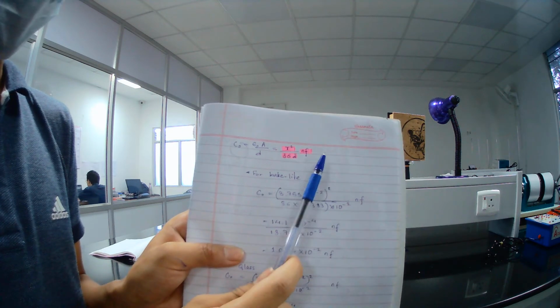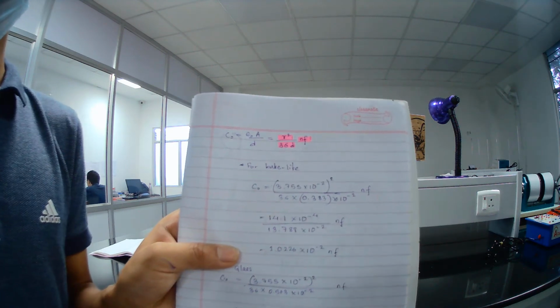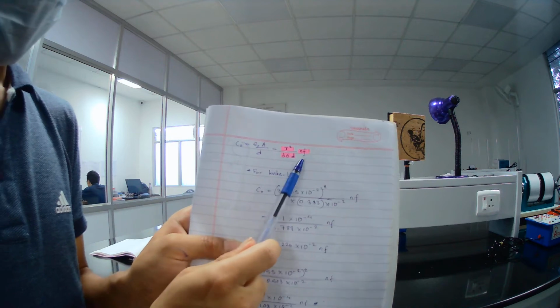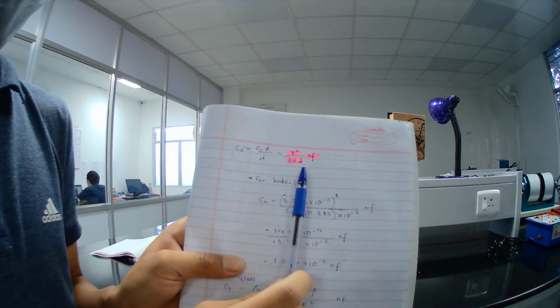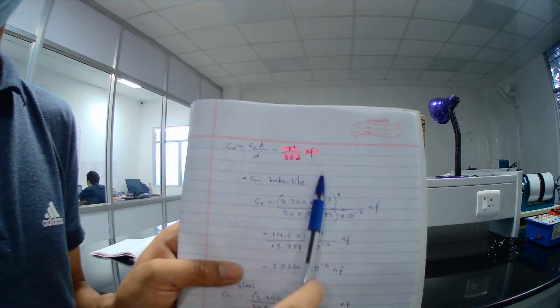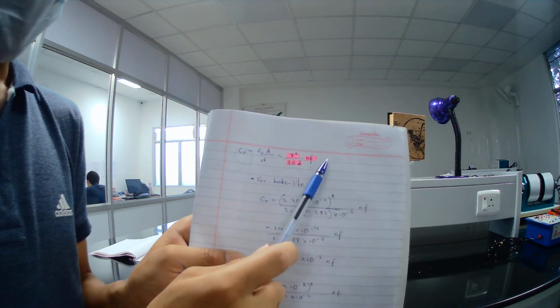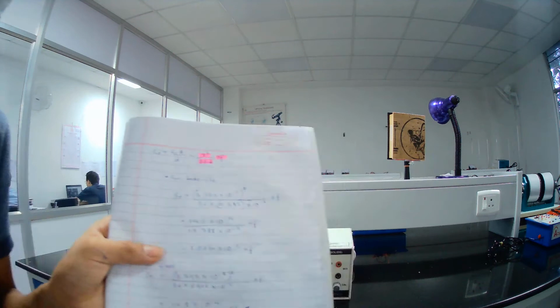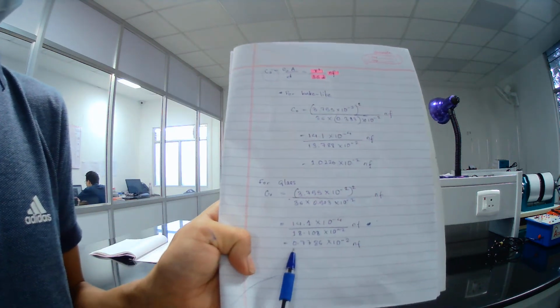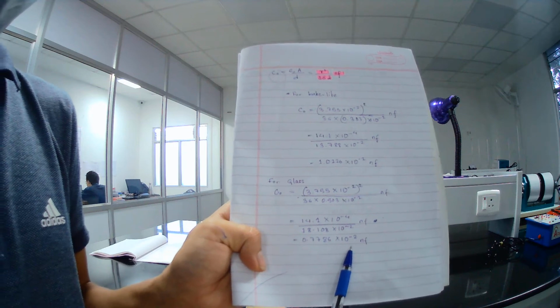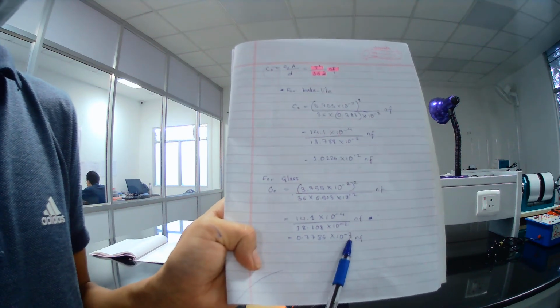Why I am telling you this is because in the manual, in some parts it is given in picofarads and in some calculations it is nanofarad, so you will be confused there. It is nanofarad. And for glass, C naught is this, 10 to the minus 2 nanofarad.